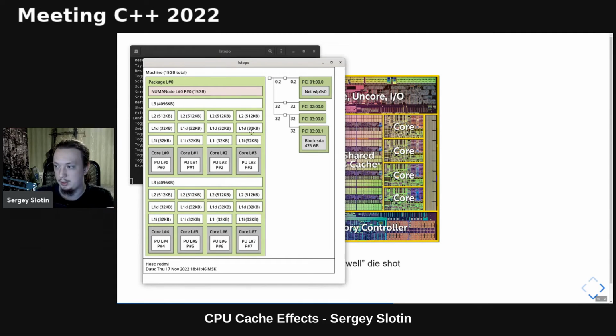Its total size is 8 megabytes, but it's shared between two groups of 4 cores, each having access to its own 4 megabytes of L3 cache. And there are also more complex topologies where accessing certain regions of memory takes non-constant time, different for each core, which is the case for multi-socket systems that have several separate CPU chips installed.